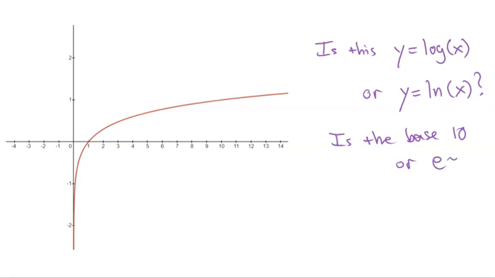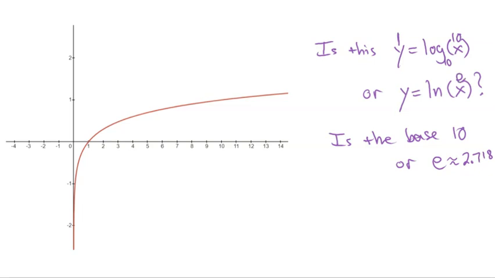And remember that e is approximately equal to 2.718. So here's the way I want you to understand. If this graph is base 10, then if we were to plug a 10 in here for x, the answer would be 1, because log base 10 of 10 equals 1.